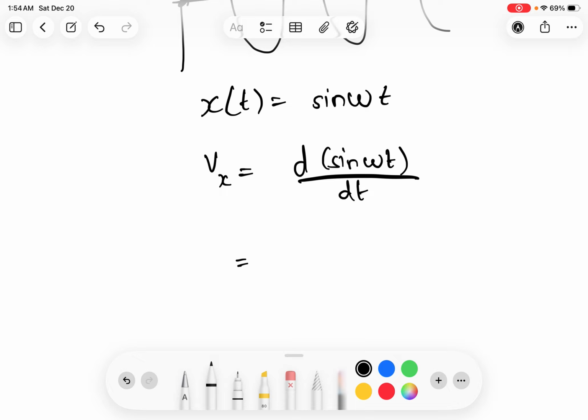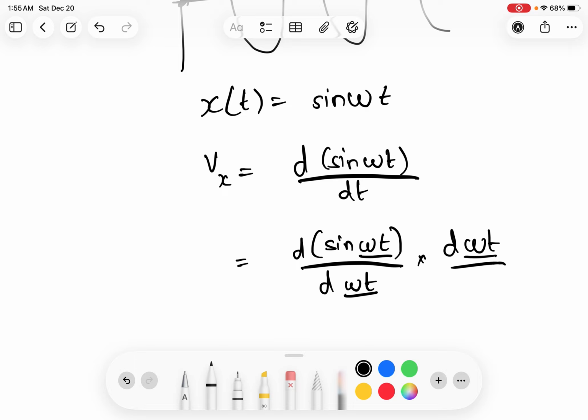Because we are using the chain rule, we have to first do d of sine omega t divided by d of omega t, times d of omega t divided by dt.